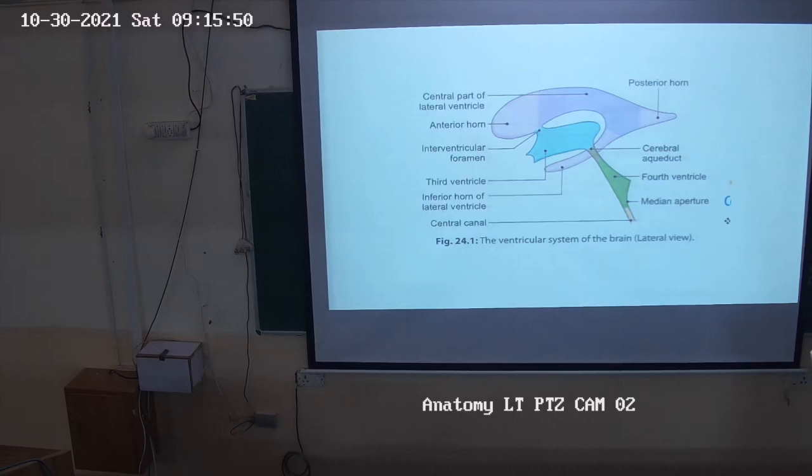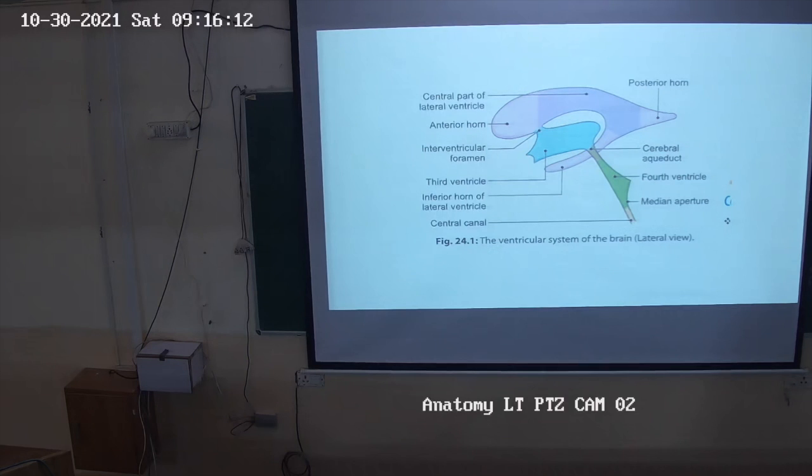Okay. Below the hypothalamus, the part includes the hypothalamus, and below the hypothalamus there is the part which is not discussed in detail. All these are the parts of diencephalon.